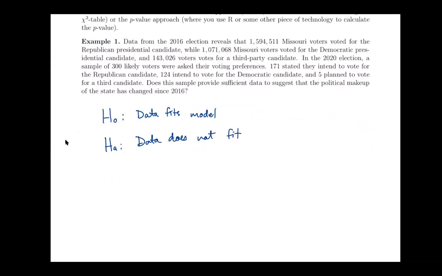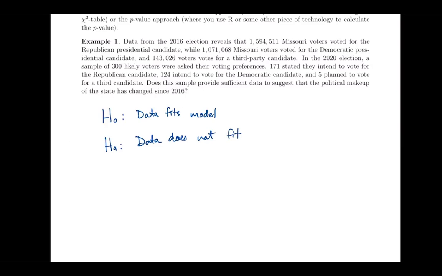So we're going to make a little table here. And before we make a table, I think it'll be useful to keep track of the counts of votes for the Republicans, Democrats, and others in 2016.